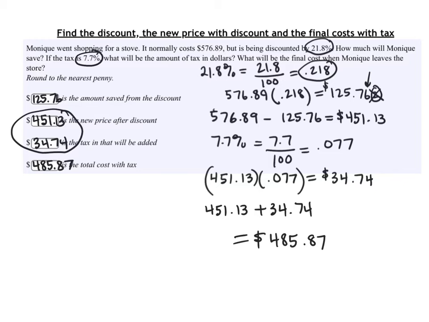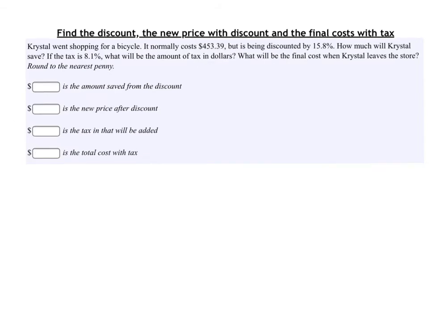Another example. Crystal bought a bicycle. It was $453.39, but it's being discounted by 15.8%. So let's make that 15.8% into a decimal so we can use it in the equation.